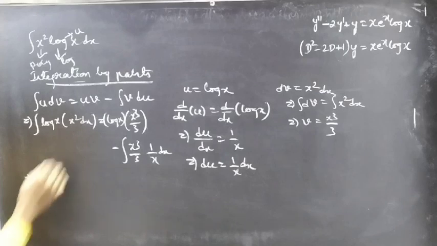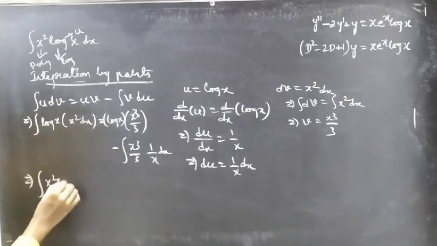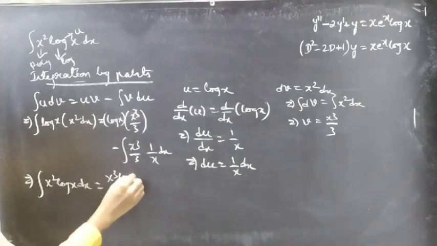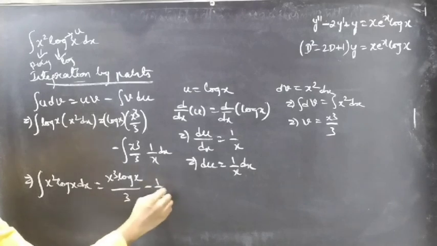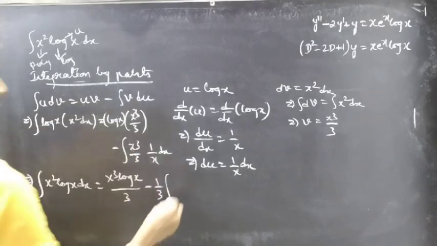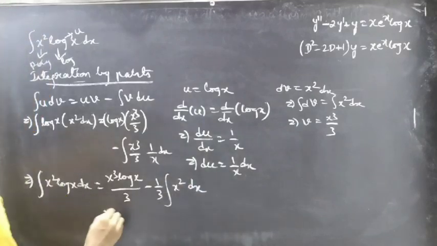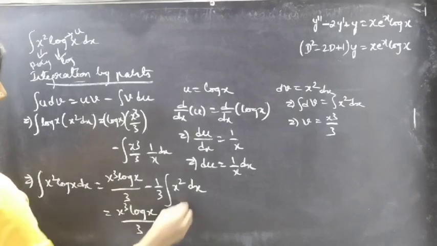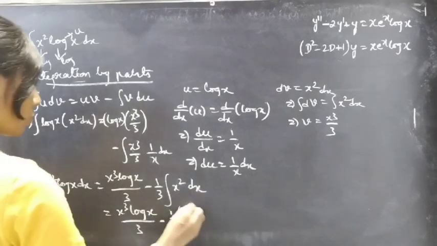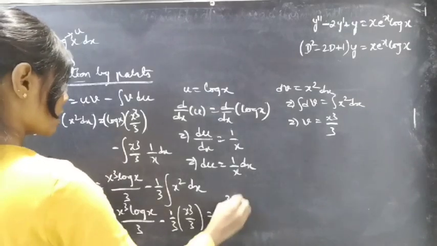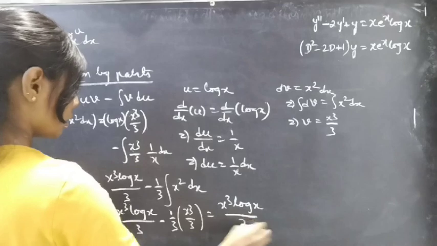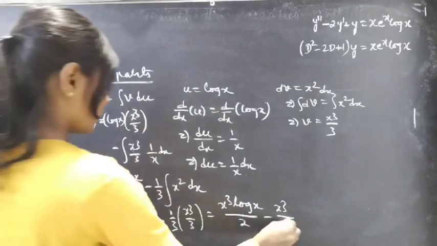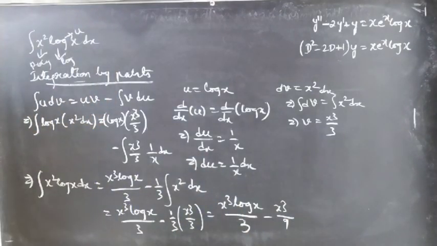This gives us integral x square log x dx equal to x cube log x by 3 minus 1 by 3 into, as 1 by x gets cancelled, x square dx. This gives us x cube log x by 3 minus 1 by 3 into integral x square dx, which is x cube by 3, which gives us x cube log x by 3 minus x cube by 3, 3 threes are 9, it's 3. Okay.